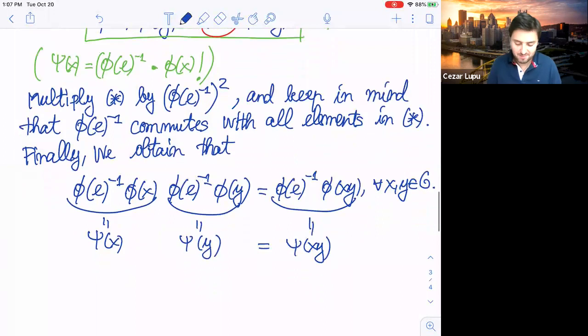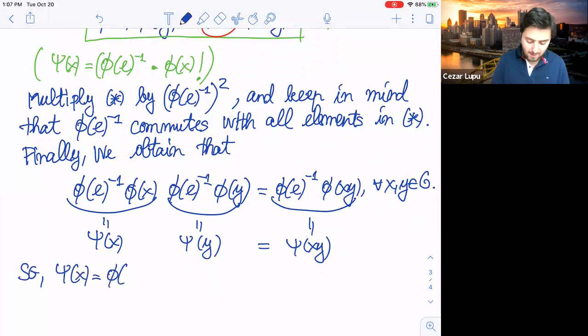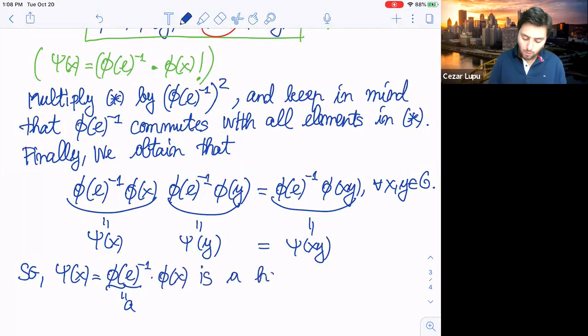So psi of x, which is given by this guy, and you can call this an element A times phi of x, is indeed a homomorphism. And we're done. That's it.